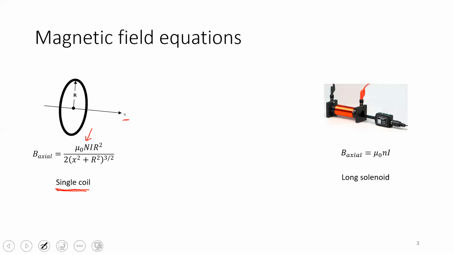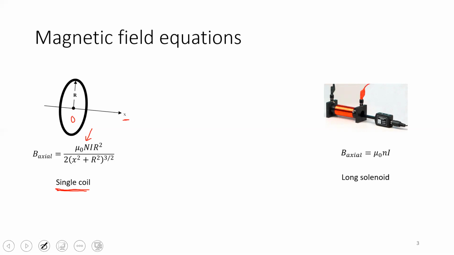That looks like mu0, which is our permeability of free space. I is our current. The uppercase R in this case is the radius of that coil. X is how far along from the center. So we call that center x equals 0. X is how far along that axis we're measuring the magnetic field.